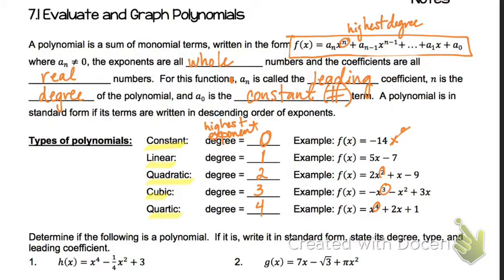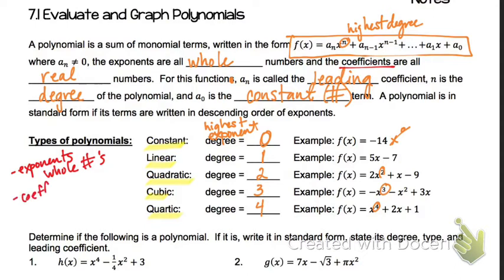So there are a couple things that you have to look for whenever you're deciding if you have a polynomial or not, and they're up in the paragraph. The exponents all have to be whole numbers. So you can't have a fraction exponent or a negative exponent. The coefficients, what does a coefficient mean? The number in front.